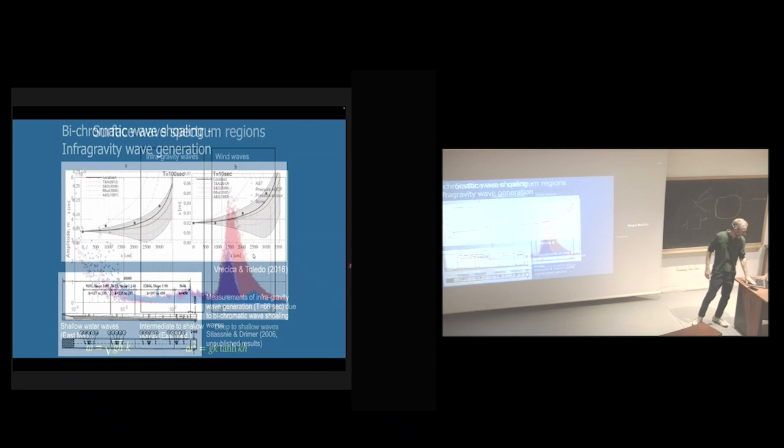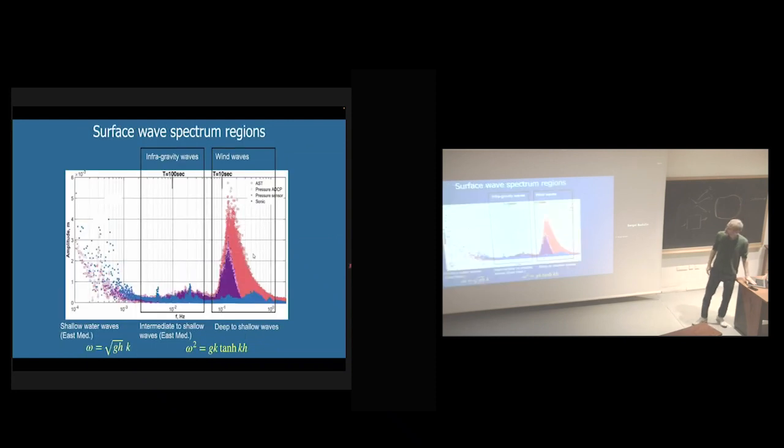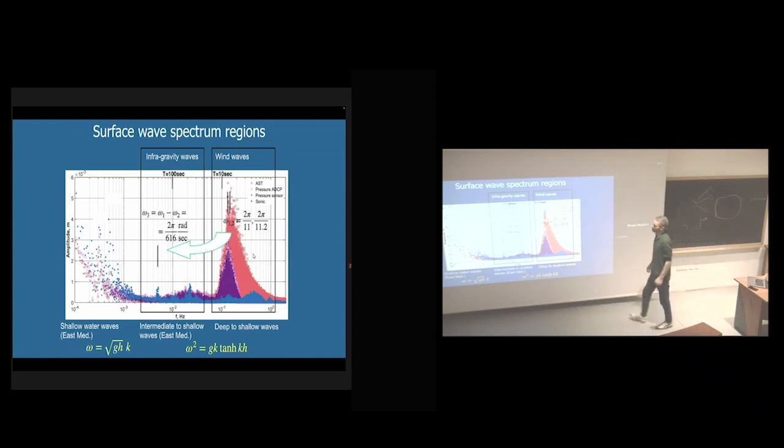Okay, so how will it be in measurements? If we look at these 2 waves in the measurements, we can point to this 11-second and 11.2-second waves, and poof, they transfer energy to the difference, which is a 616-second wave. It's, I guess, a bit out of the infragravity band that we measure, so I need to kind of fix it.